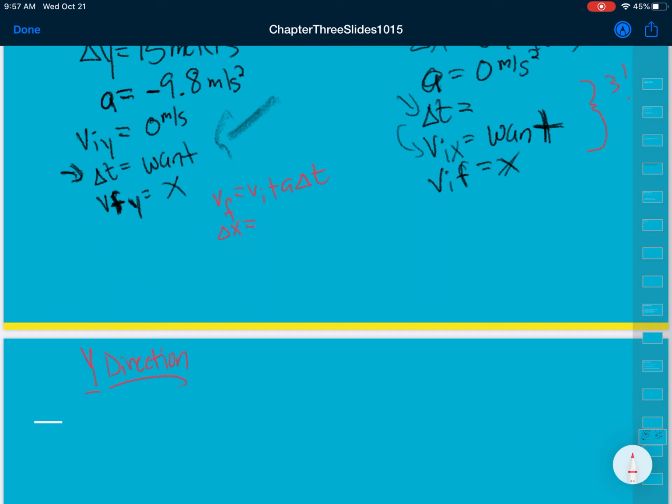Number 2 is delta X equals VI delta T plus 1/2 A delta T squared.